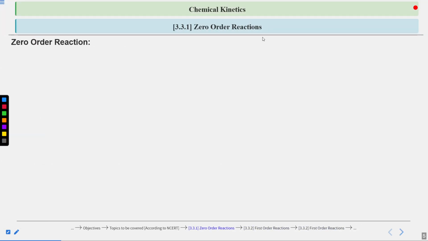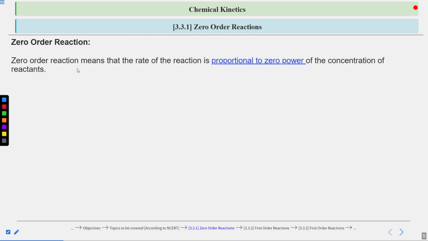So the first topic is zero order reaction. Zero order reaction means that the rate of the reaction is proportional to the zero power of the concentration of reactant.